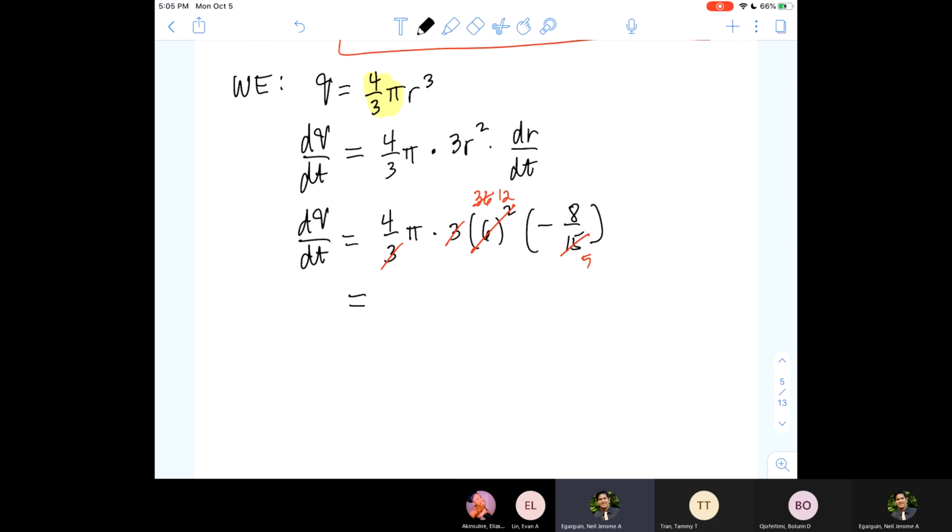So eventually we'll have 48 times, I'll use a parenthesis for times, 48 times negative 8 pi over 5. And so this is what? Negative 384 over 5 pi. Okay. Right. Is that correct? I hope I did the arithmetic right.